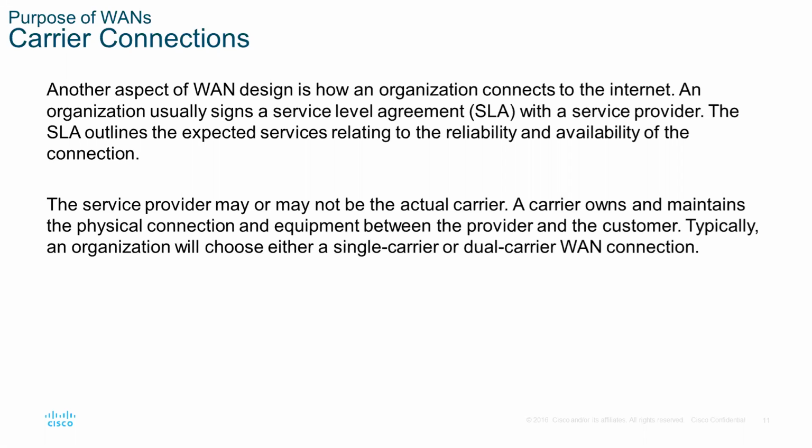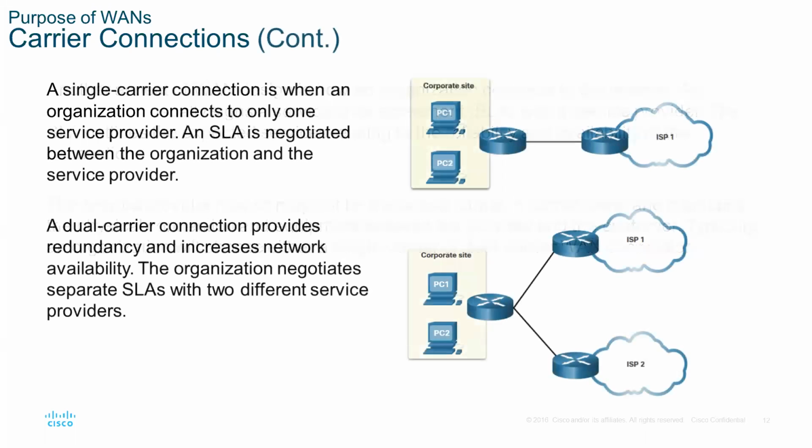So they have a very low standby cost, but get charged for when they actually need it. So there are multiple options that carrier connections can provide, and the service level agreement is what defines all these options and the costs associated with them.